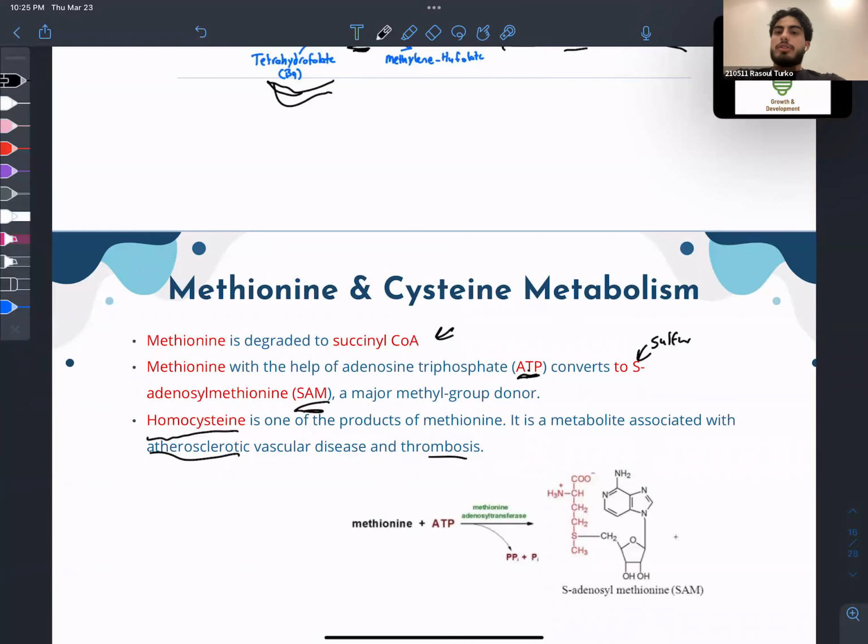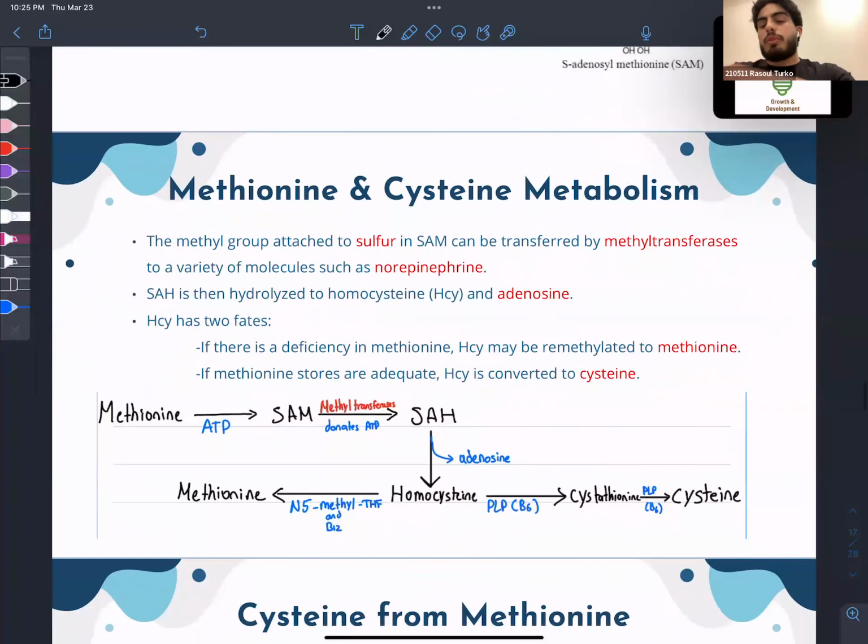Okay. So the actual pathway, I wrote it here and highlighted what exactly you need to know. Methionine, with the help of ATP, gives us SAM. That SAM has the methyl group. It donates that methyl group and becomes SAH.